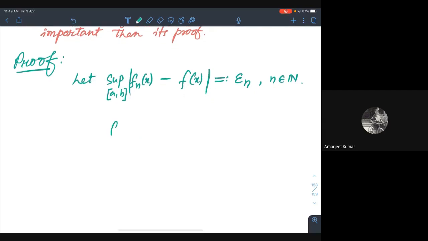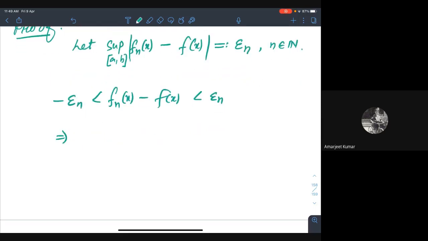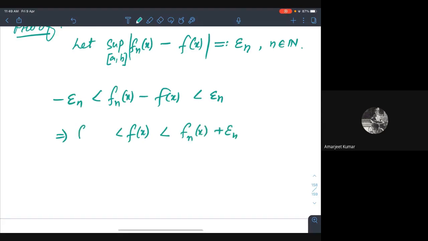So you see clearly f_n(x) minus f(x) is bounded by minus epsilon_n to epsilon_n. Now this gives you that f(x) is bounded by f_n(x) plus epsilon_n and f_n(x) minus epsilon_n. All right? Is this fine?